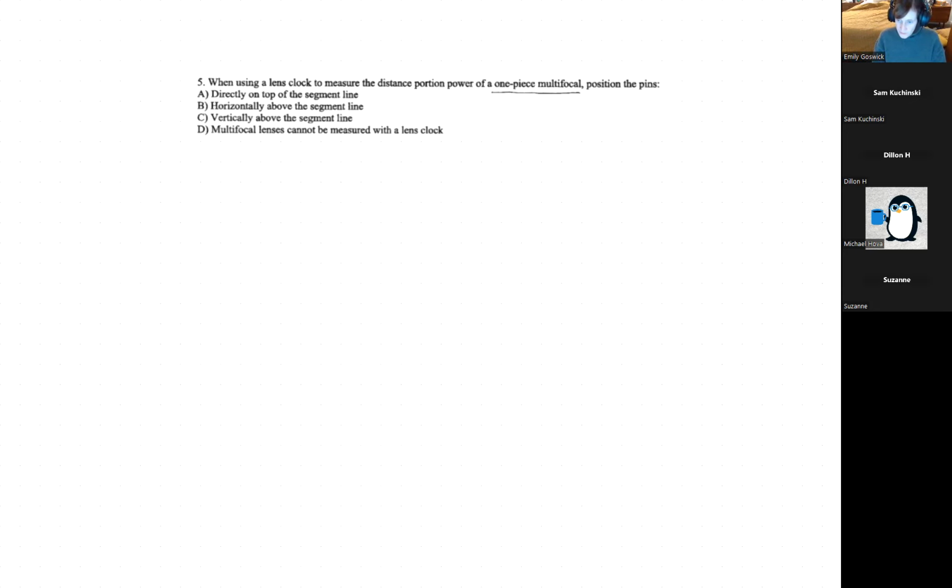When you think it through, it really only makes sense to measure horizontally, above the segment line. Not to spend too much time on this, because it's honestly a bit of a random question, but if you have a bifocal blank, it's going to look something like that, and if you imagine the pins of a lens clock, you're going to want those three pins to be like there.